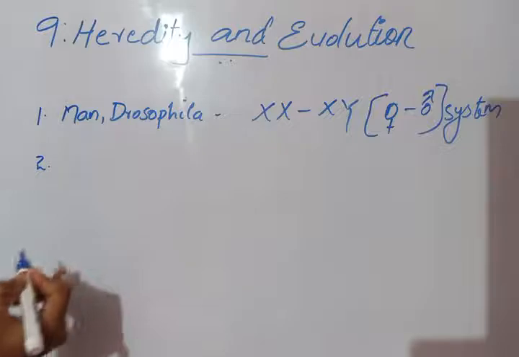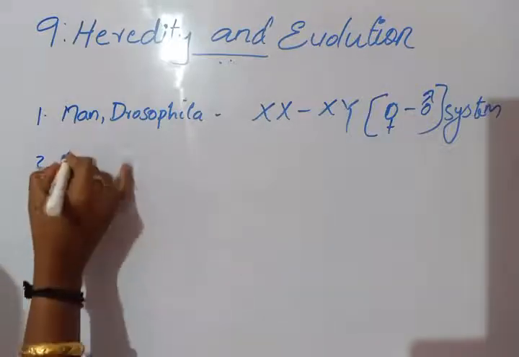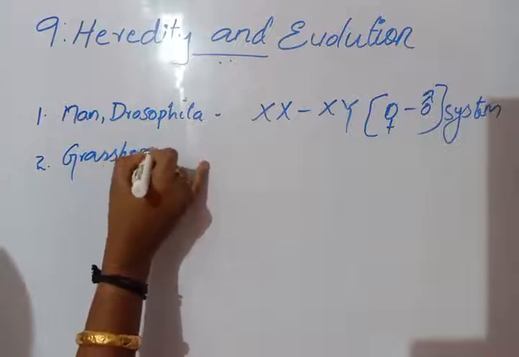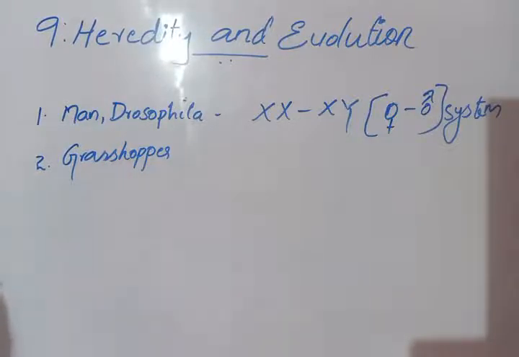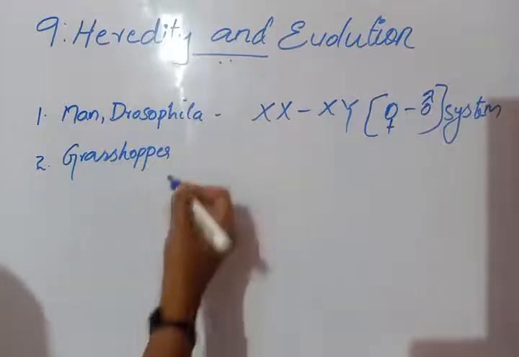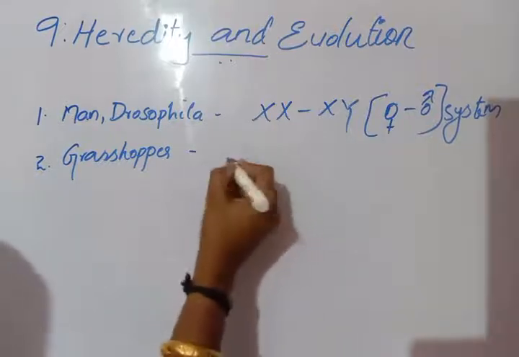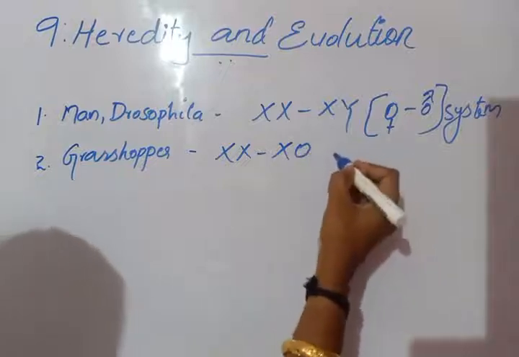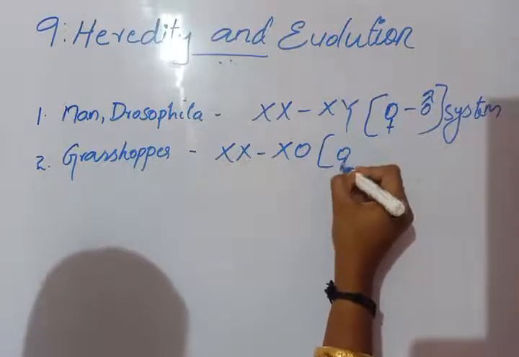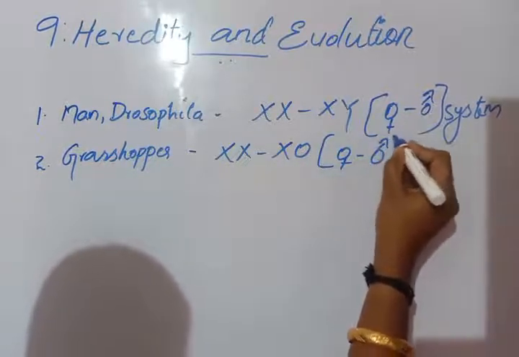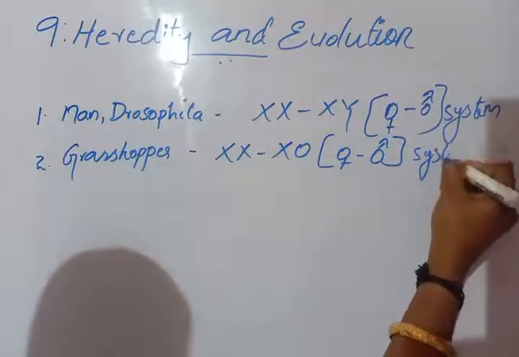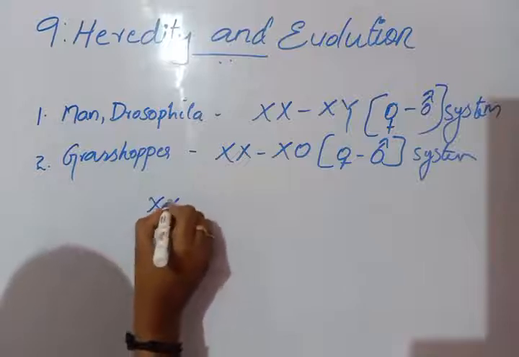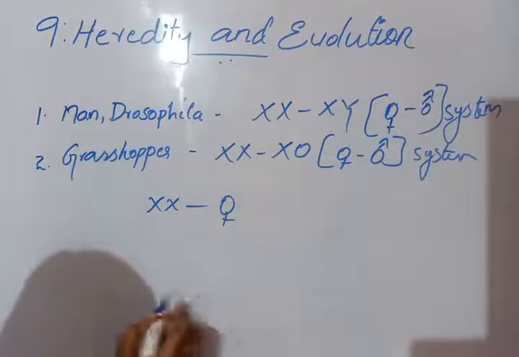Second one, in case of grasshopper and some other animals, it will follow the XX, X0 system, that is the female-male system. In XX, X0, XX will become female.